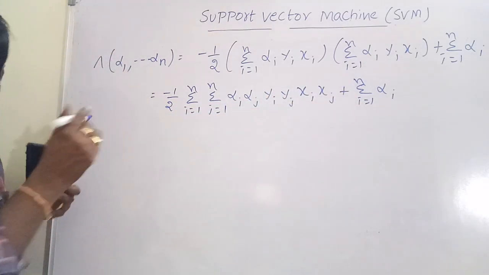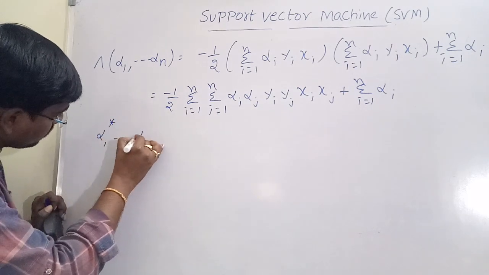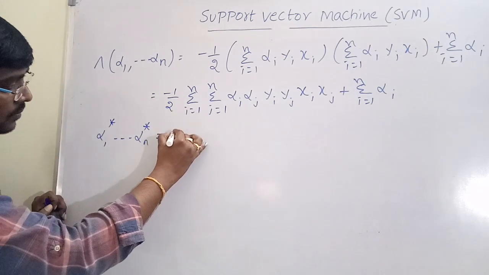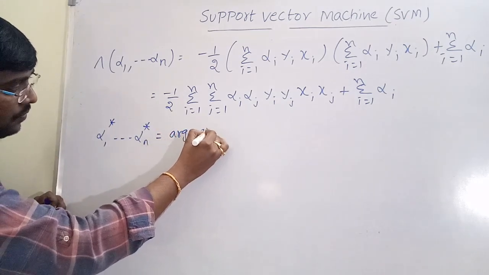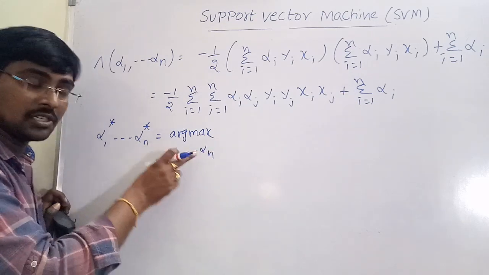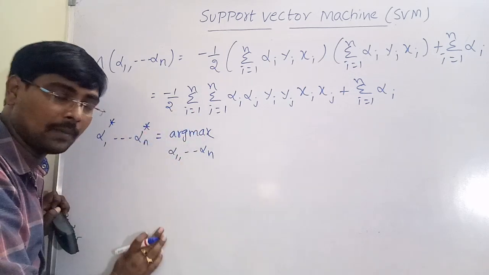This is represented as alpha 1 star to alpha n star equal to arg max over alpha 1 to alpha n. We already know the constrained optimization problem, so this is the dual maximization problem.